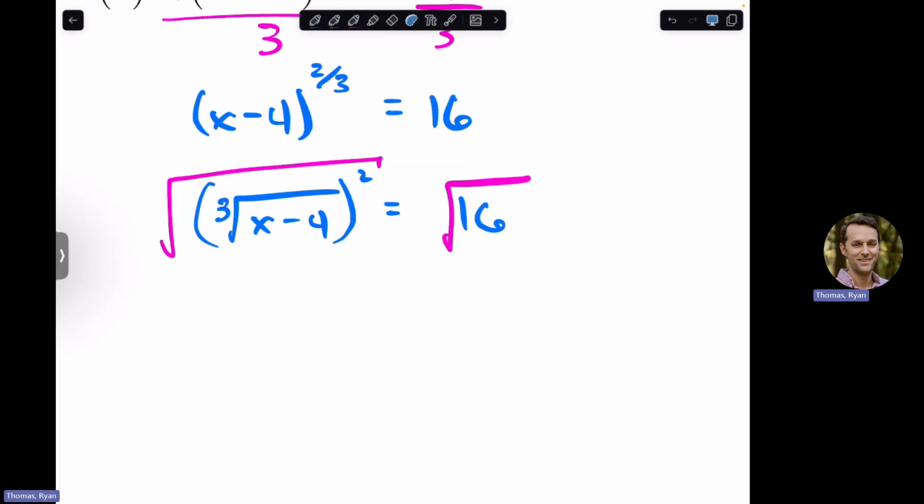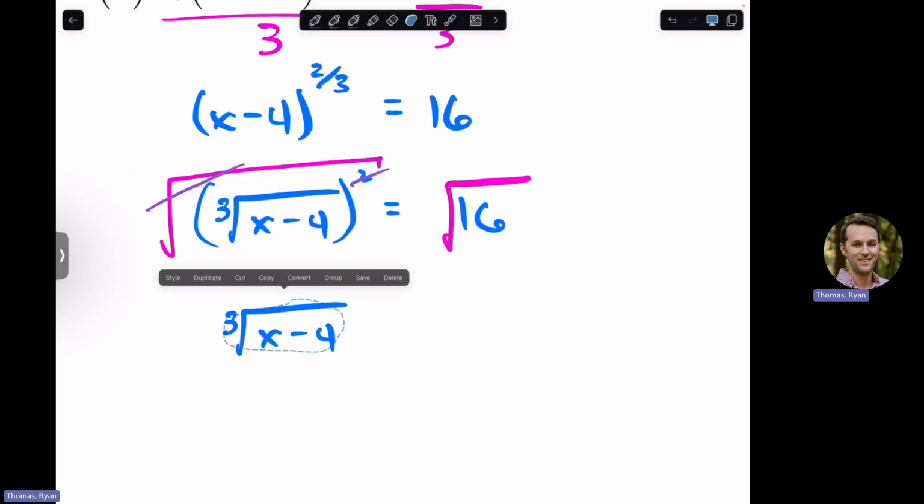If I take the square root on the left-hand side, it's the square root of a perfect square. Those undo each other, and we're left with the stuff that was inside the square, which is just this cube root. On the right-hand side, we get the square root of 16, which is 4.